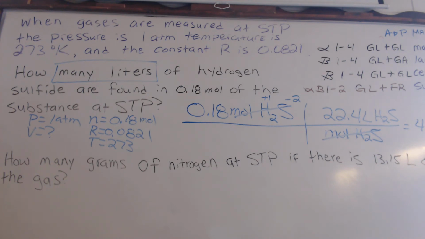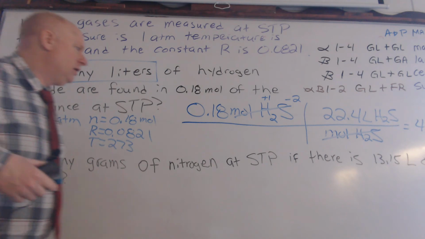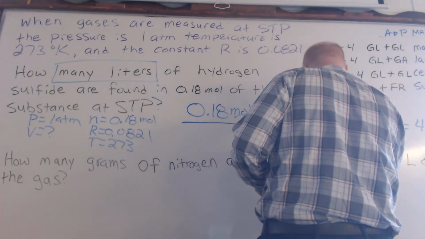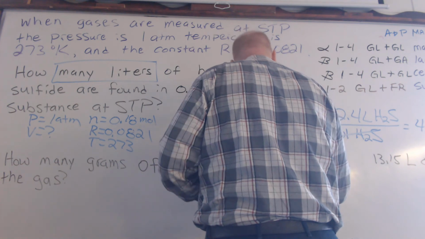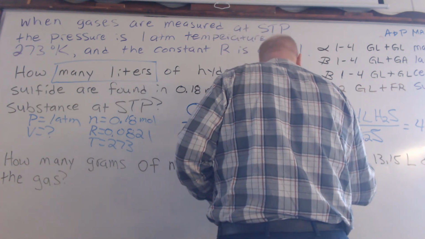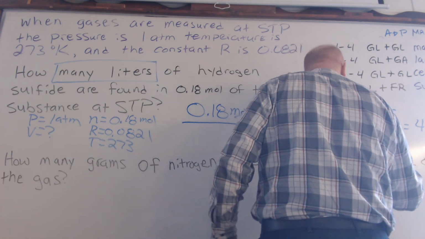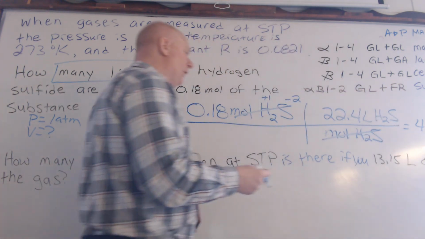How many grams of nitrogen at STP are there if you have 13.15 liters of the gas? Okay. If you have 13.15 liters.